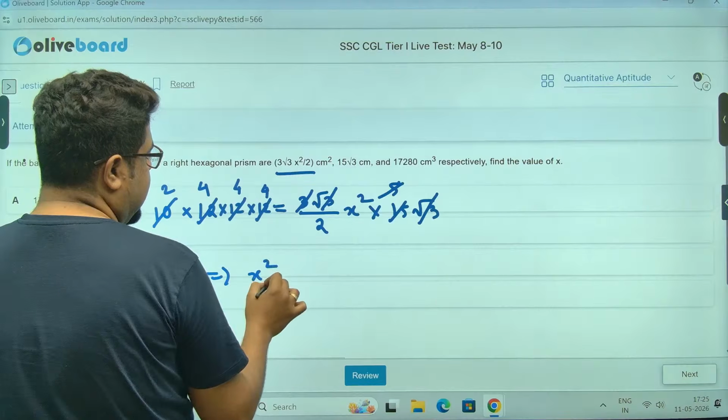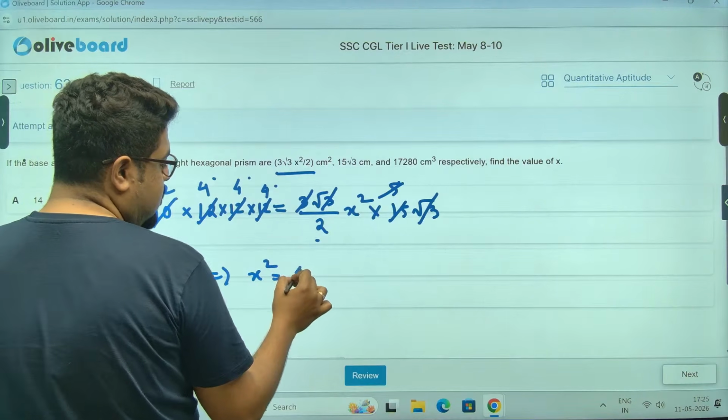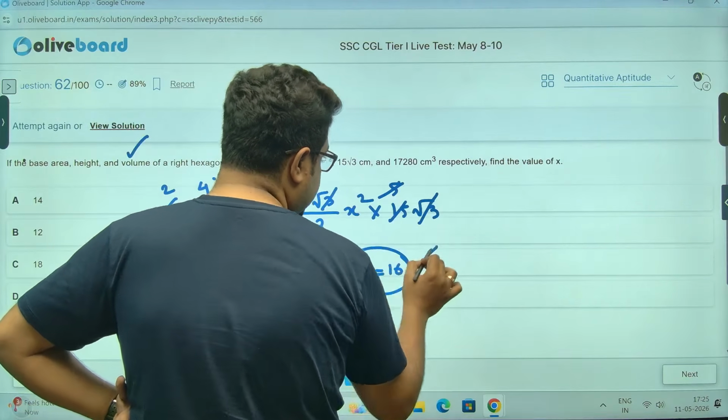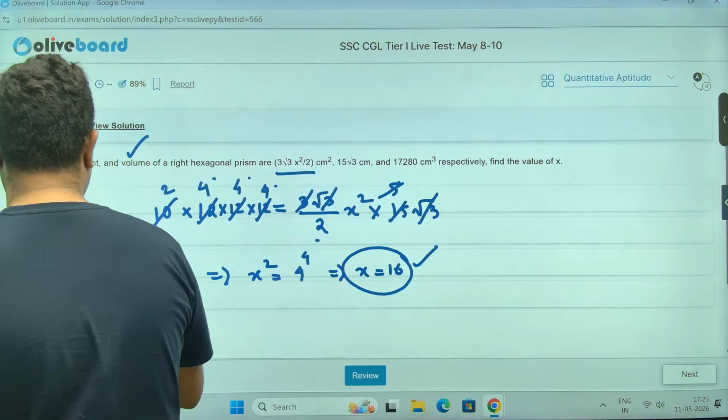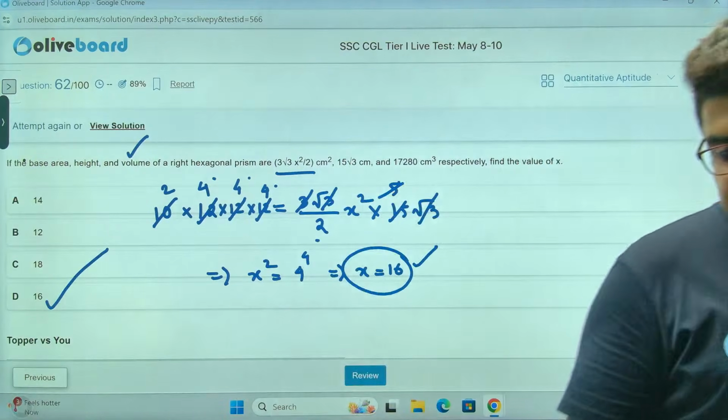So x square is 4 4 4 and another 4, so 4 to the power 4. So x square is 16, x is 4. Acha, x is 4. They are asking only the x value. Option D will most definitely be the answer.